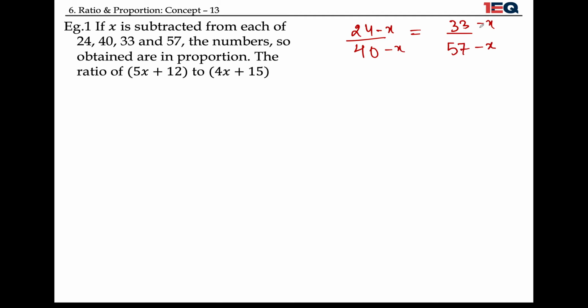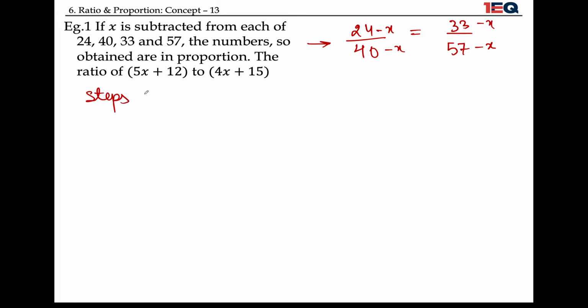After reaching a point where I am able to subtract x from each, that is when the proportion comes into the picture. 24 minus x, 40 minus x, 33 minus x, and 57 minus x.